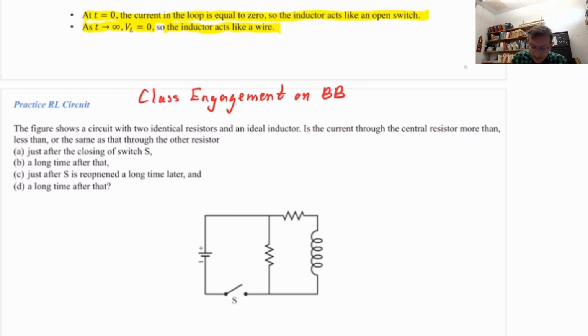It has, in this circuit, 2 identical resistors and an ideal inductor, which means it has only inductance. So the inductor has some inductance L, and this resistor has resistance R, and this resistor has resistance R. I'm going to label this resistor in the middle C for central, and I'm going to label that resistor A.